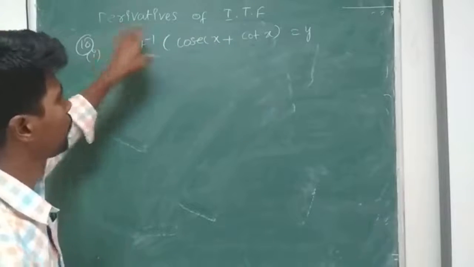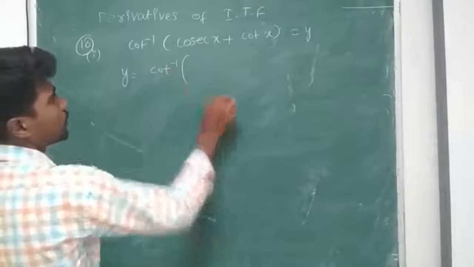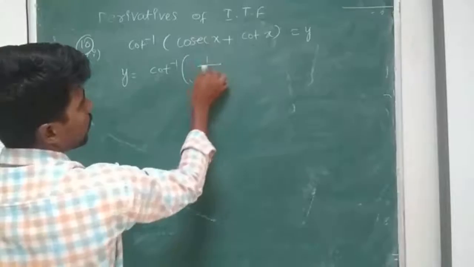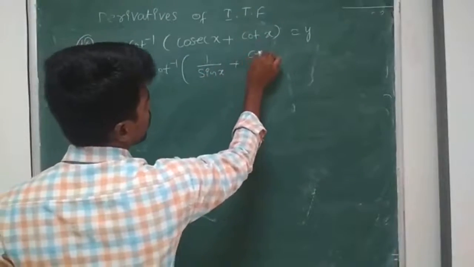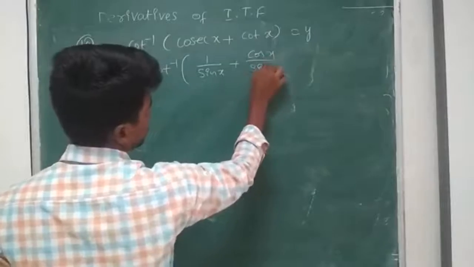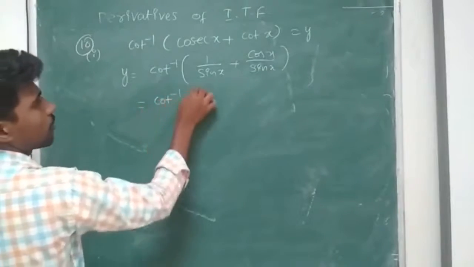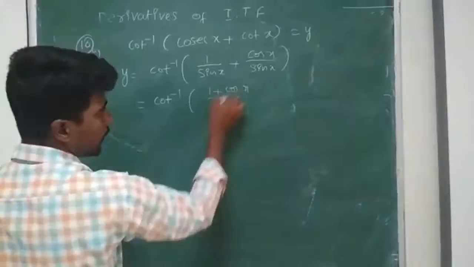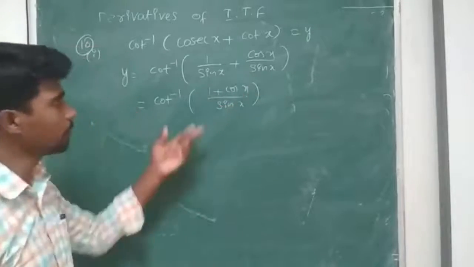Then you simplify. So I write y is equal to cot inverse. Cosecant x plus cot x can be written as 1 by sin x plus cos x by sin x. Denominator we have sin x, so I get cot inverse of 1 plus cos x by sin x. Just what we did in the previous problem, the same thing.